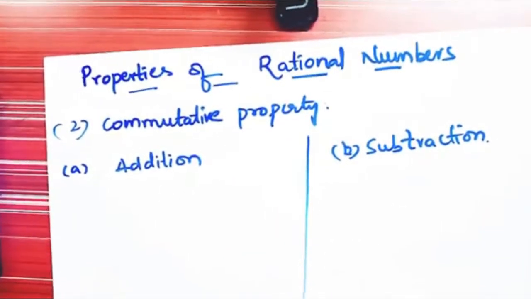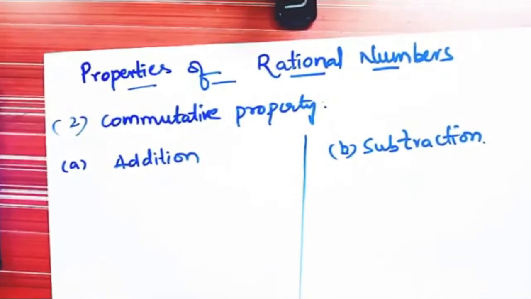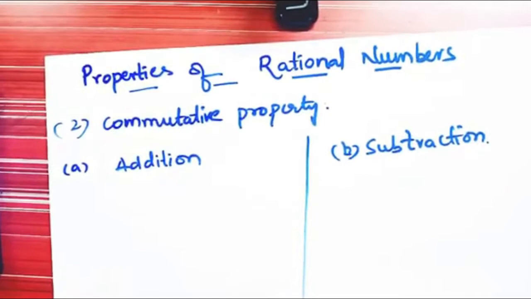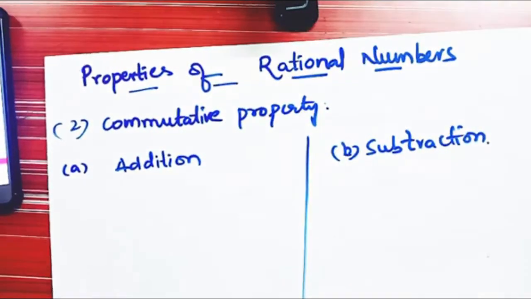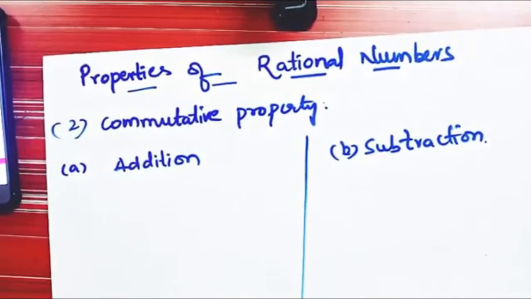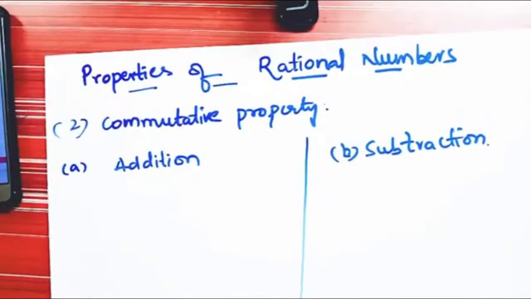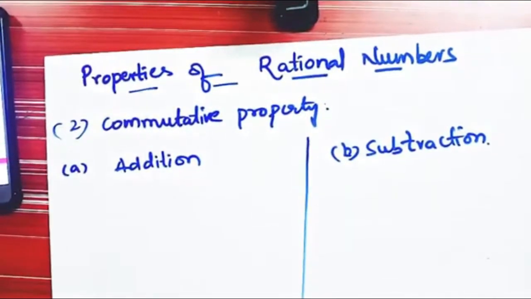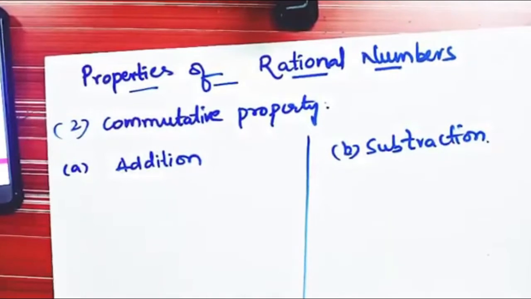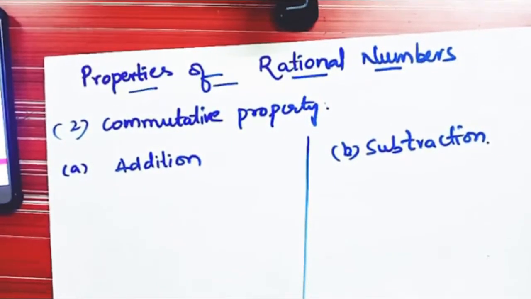Next we will go with the commutative property. We will see for this property whether it exists for addition, subtraction, multiplication, and division. The first one is addition. First of all, we need to discuss what a commutative property is. Commutative property states that the change in order of two numbers in a binary operation does not change the result.